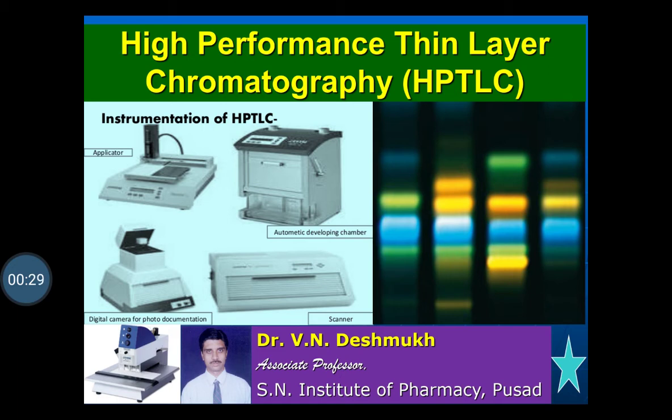The principle is similar to that of thin layer chromatography, but in case of high performance thin layer chromatography, an automation is done in which pre-coated plates are used, automatic sample application is done, new type of development chambers and scanners are used in the process.